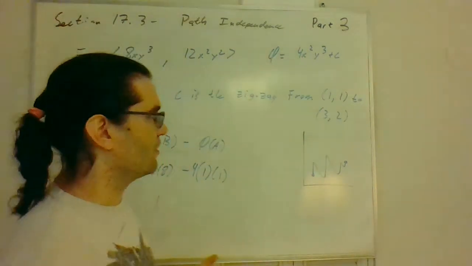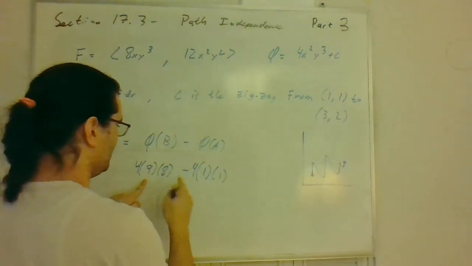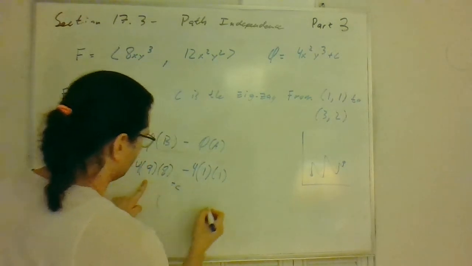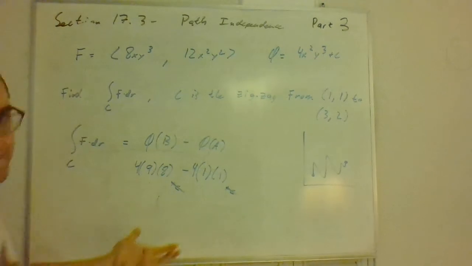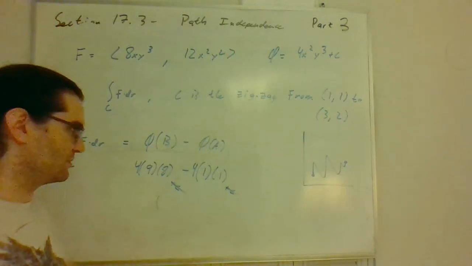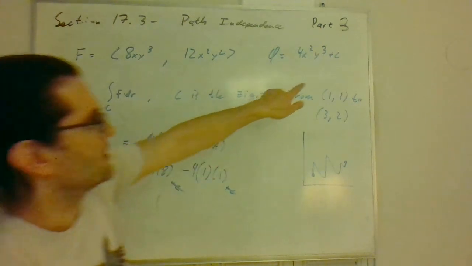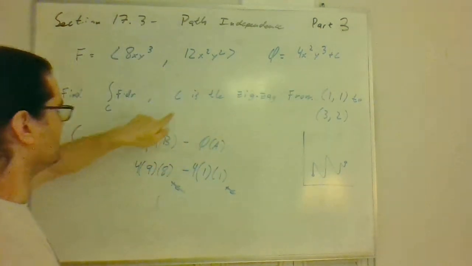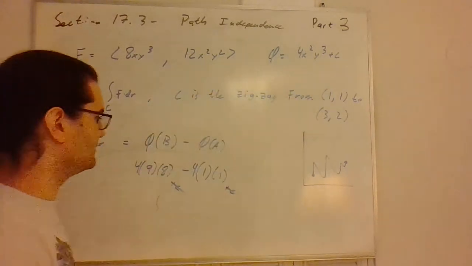So you can sort of not worry about it. The same thing is happening here. If we evaluate this at B, and there's a plus C here, and then we evaluate it at A, and there's a plus C here, and those things cancel out, you can effectively just ignore the C's the whole time. That's the arbitrary constant C, not the path C. This C is for curve, that C is for constant.